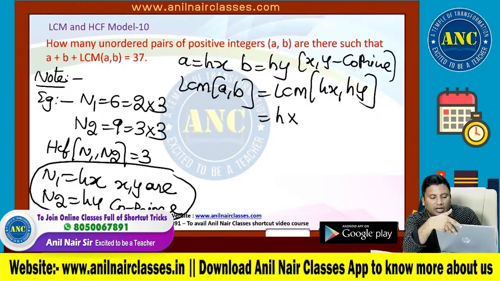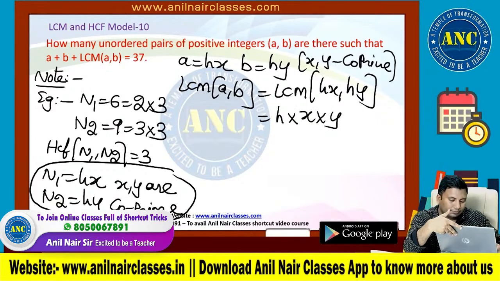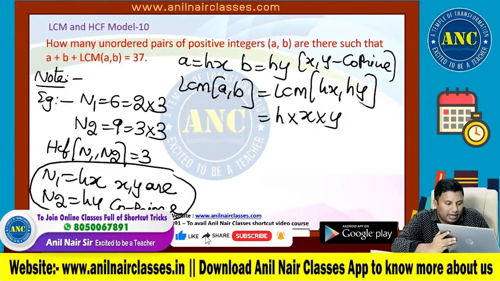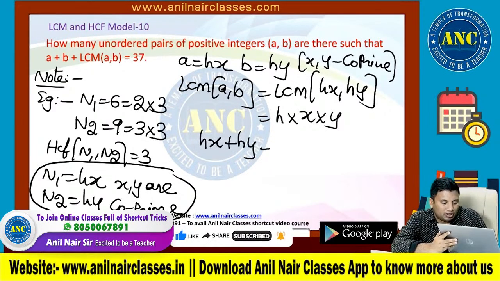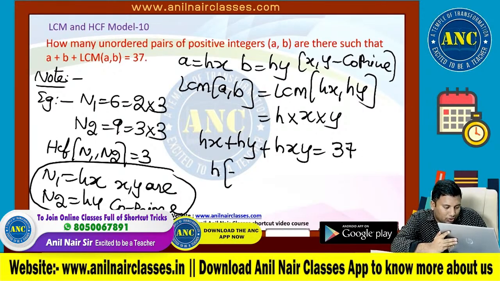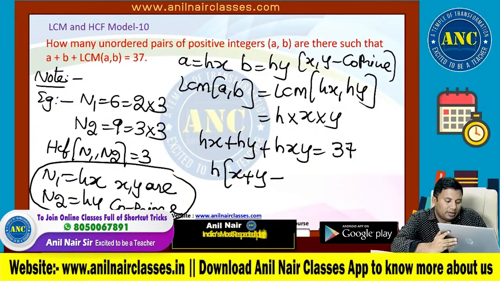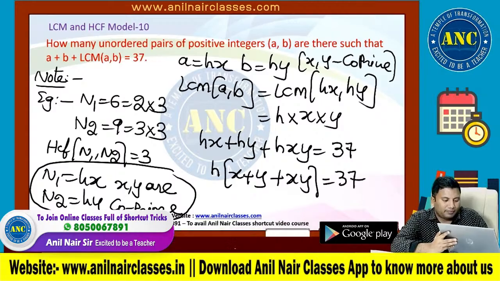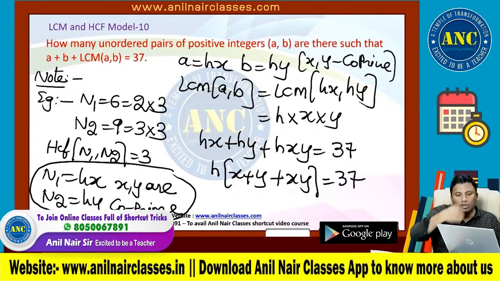LCM of co-prime numbers is their product. Listen carefully, sir. 2 questions I will solve. So A is Hx, B is Hy. This is Hxy equivalent to 37. H into X plus Y plus Xy equivalent to 37. Till here clear, right?